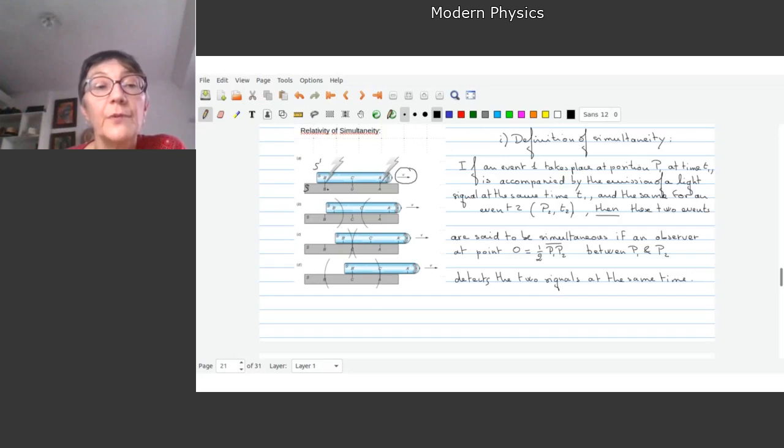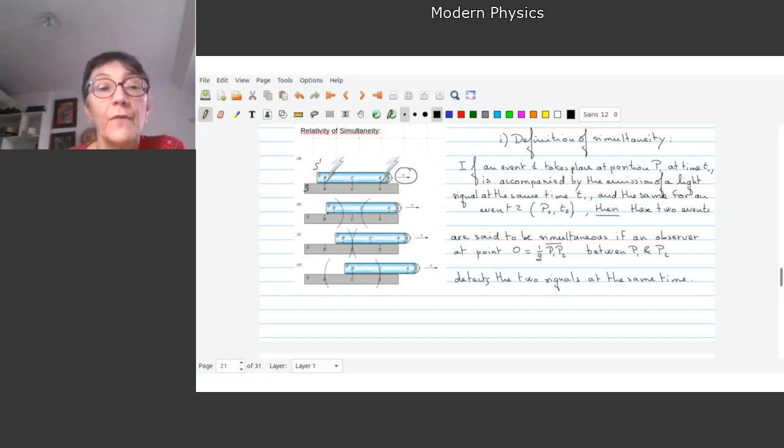You have an observer between the two points on the platform, and the two marks, one mark here, one mark here. So this observer C is right in the middle, and this C prime is also right in the middle, this one having a velocity v.